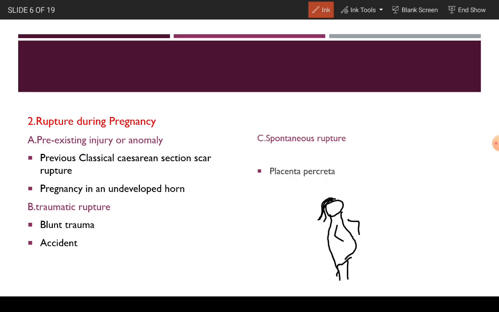The reasons can be either due to trauma or spontaneous, or there may already be some kind of injury in the uterus. That means previously she had a CS, so the scar can get ruptured.